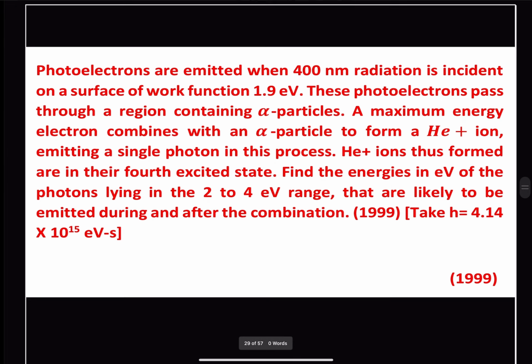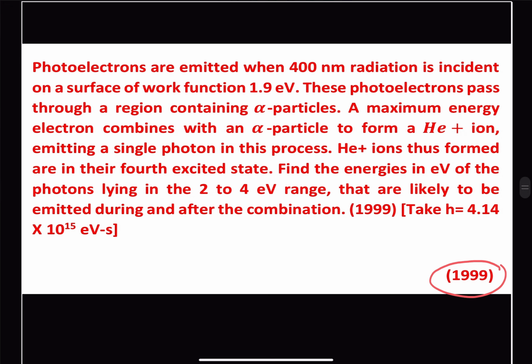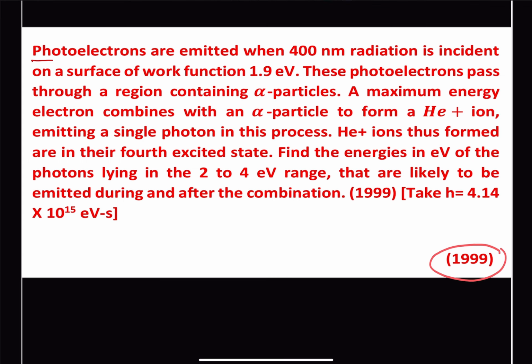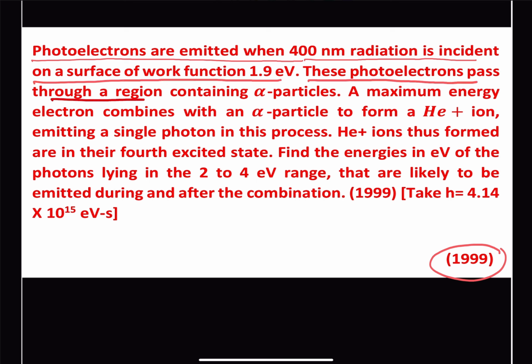Next question. It was asked in the year 1999 and it states that photoelectrons are emitted when 400 nanometer radiation is incident on a surface of work function 1.9 electron volt. These photoelectrons pass through a region containing alpha particles.